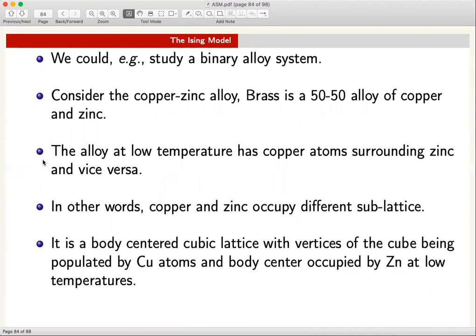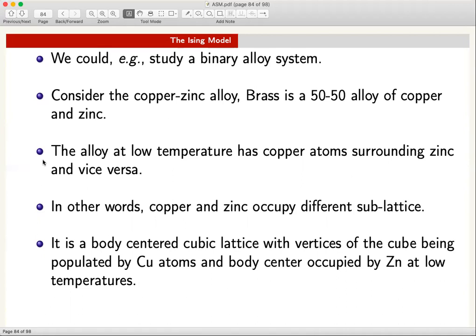You can imagine this setup as a cubic lattice in which every lattice point is occupied by a copper atom. That is the usual copper lattice that you would see. Now, when you have 50% zinc in the system, or when you have made the alloy, you can't really use the word doping, but when you make an alloy, zinc goes and occupies some space in between.